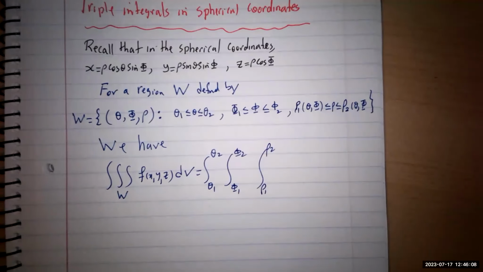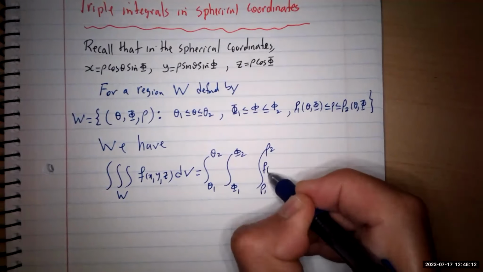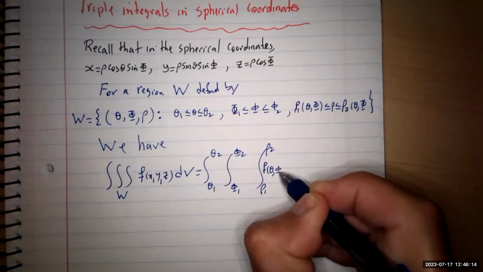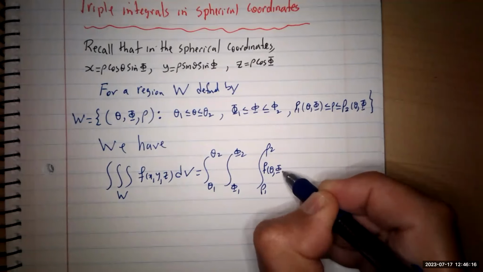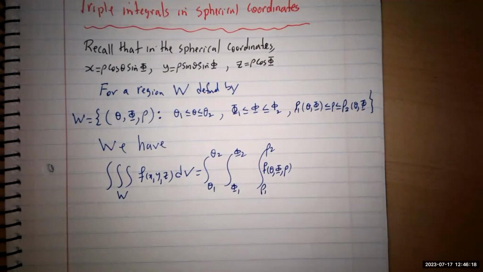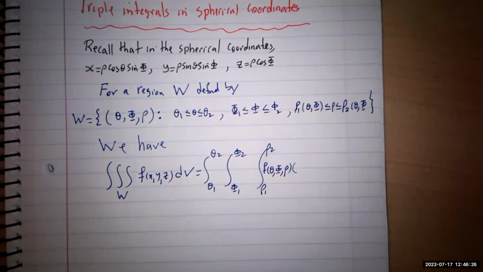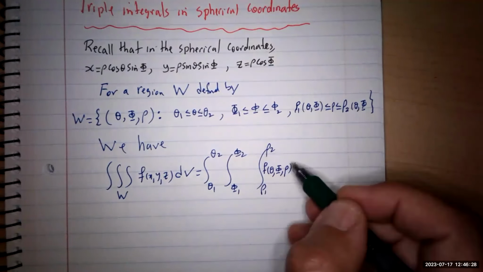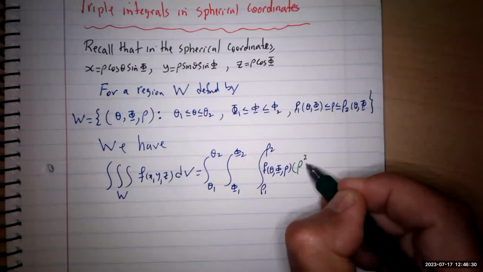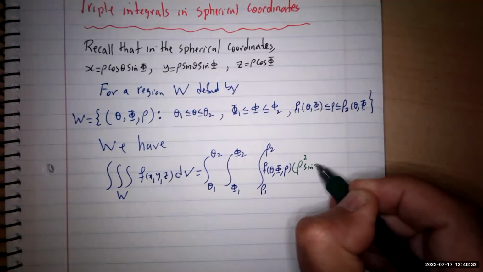Now the function would be changed into f of theta, phi, rho. Then there's going to be an extra term, the Jacobian. Extra term because these are all substitution methods. So that extra term is this one, rho squared sine of phi. Make sure you don't miss it.